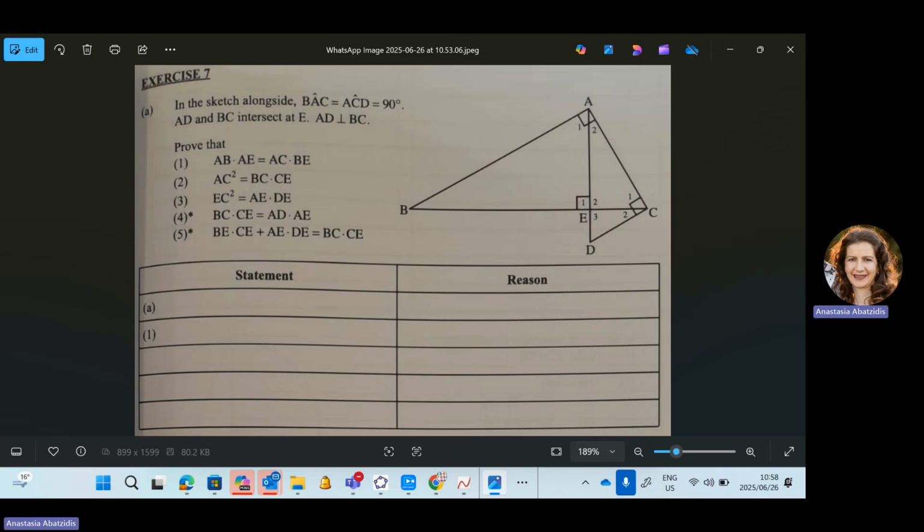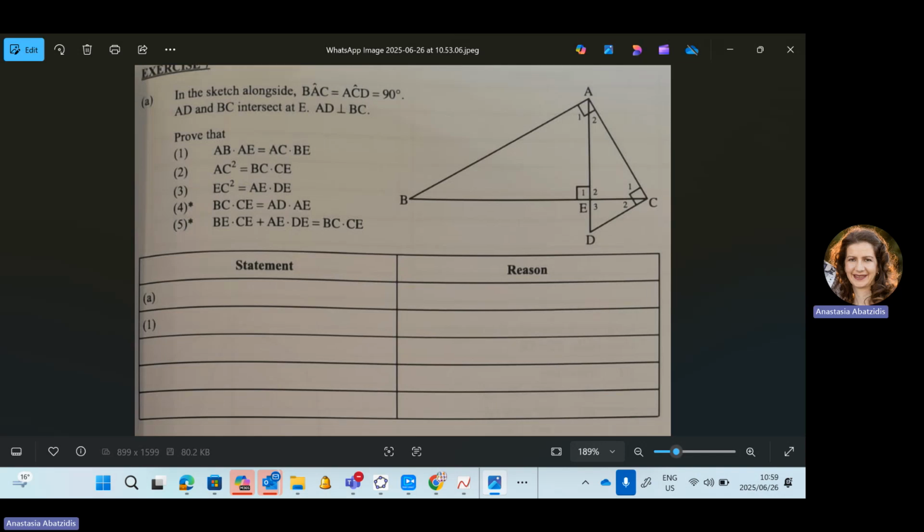The big one, ABC, and ACE, and you can say they are similar: perpendicular from right angle vertex, write sides in proportion, cross multiply to get this. Then we want EC times AE and another EC times DE. So which triangles have we moved into? Those ones, perpendicular from right angle vertex.